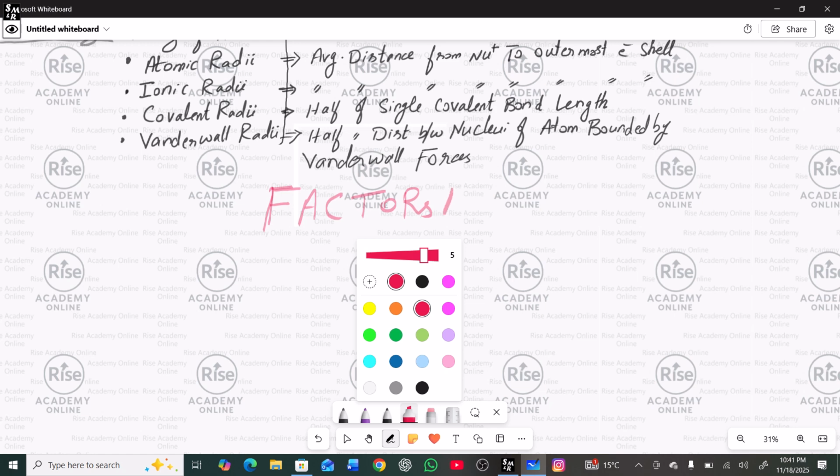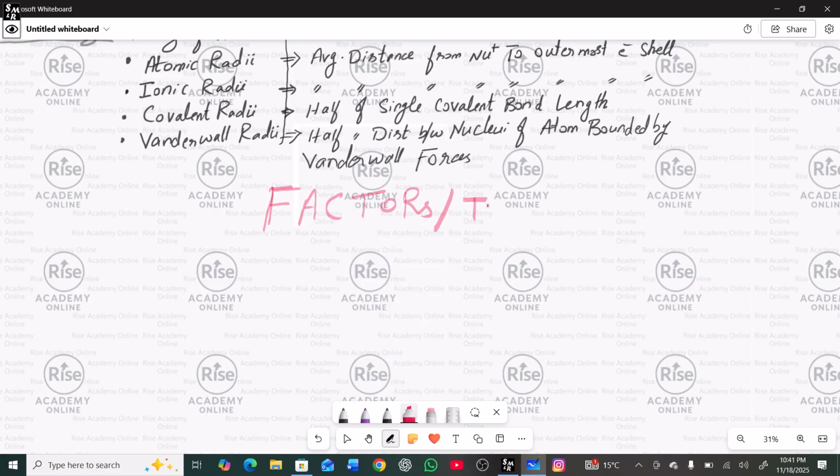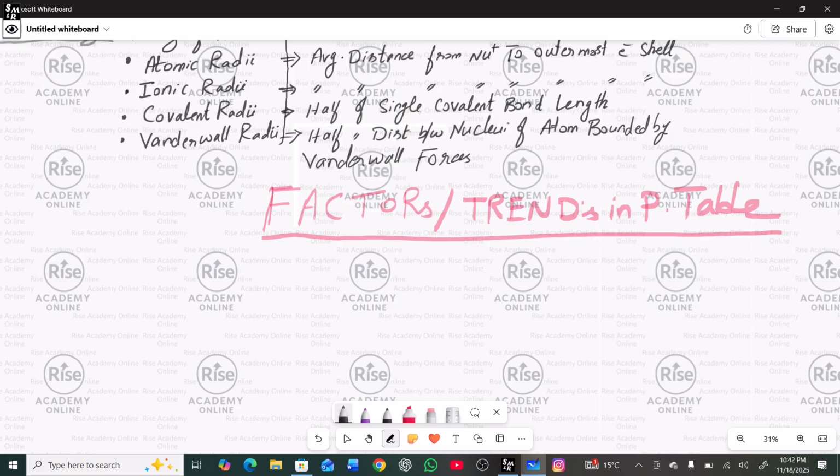And after factors, we are going to discuss their trends in the periodic table. So first of all, we will discuss the factors.